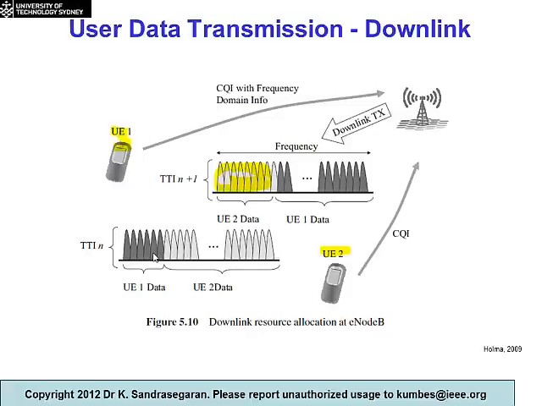You can be allocated a completely different set of resource blocks from one TTI to another, and that's the reason we are able to do that in OFDMA based networks: because of the feedback that UEs are continuously sending back to the eNode B saying, these are the resource blocks on which I'm getting good channel conditions. Packet scheduling uses that information to schedule resources appropriately.